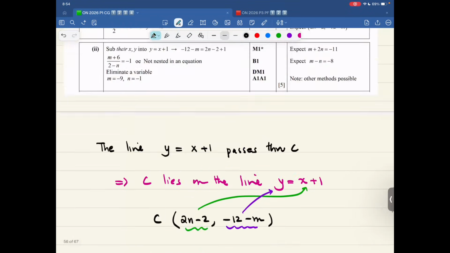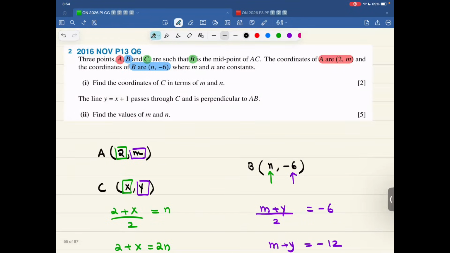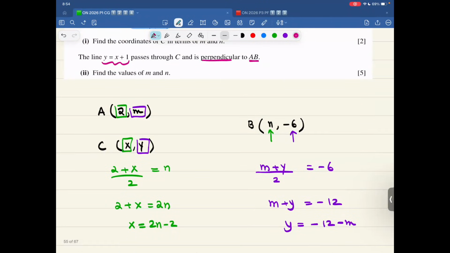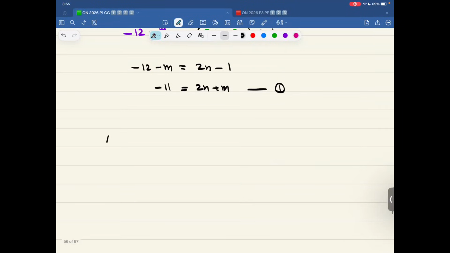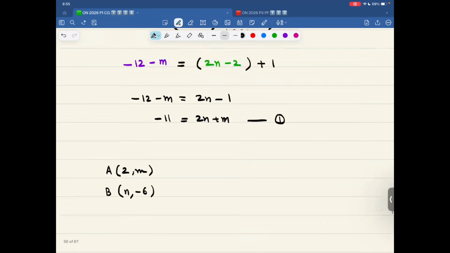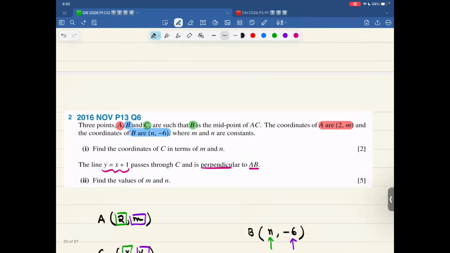That is the first one. Then it further says, and is perpendicular to AB. This line is perpendicular to AB. So now we have A, which is 2 comma m, and B, which is n comma negative 6.